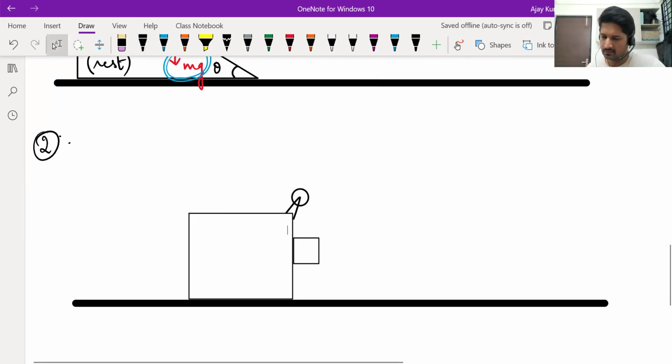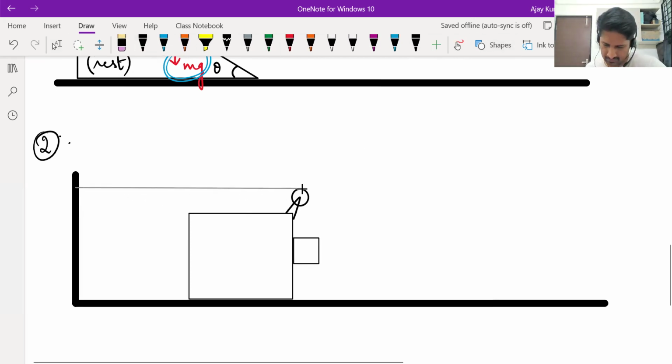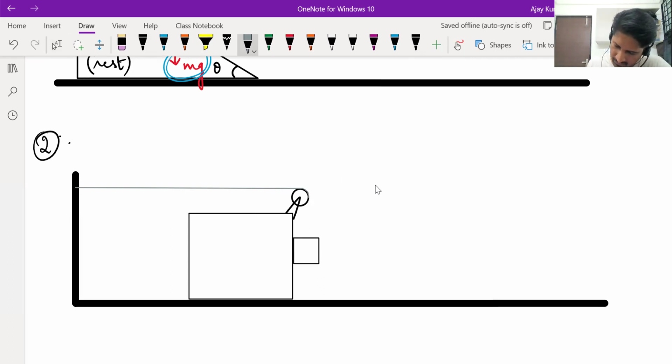And let's say there's a rigid support on this side. There's a rope. Okay, rope I'll take in gray color. Fine. This is the situation. All surfaces are smooth.